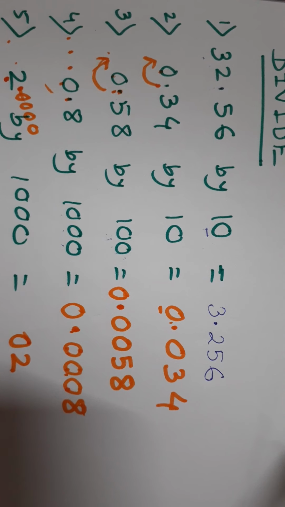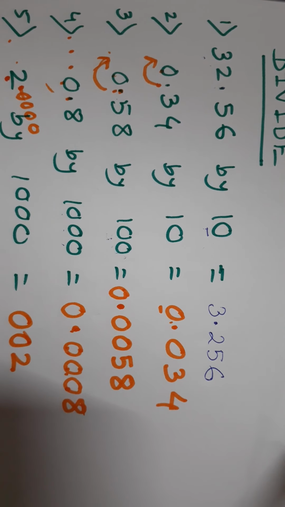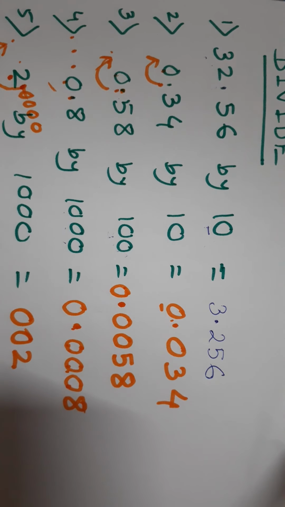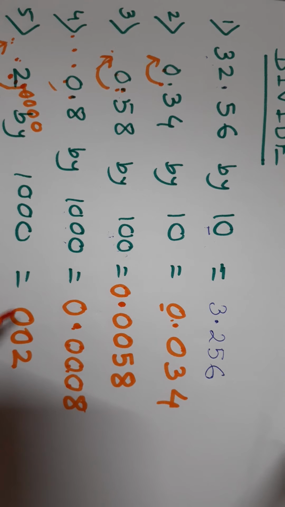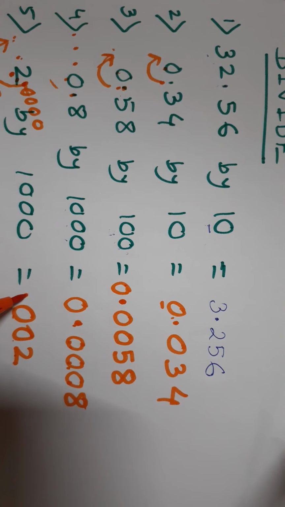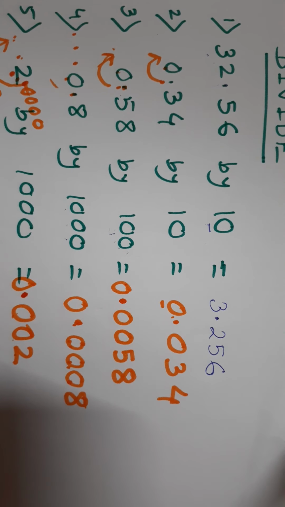We have to shift this decimal point 3 places to the left side. That means one is 2, another one 0 we will consider, another one also we will consider 0. So it will become 002. Then only this decimal point will shift to the left side. That means we will put this decimal point over here before this 0. That means the answer will be 0.002.